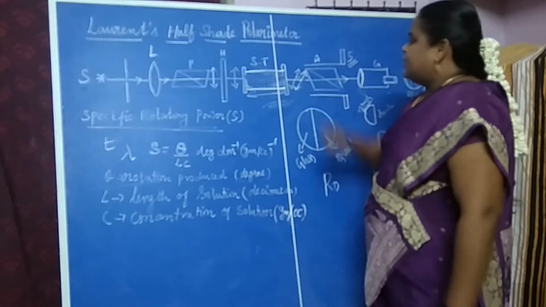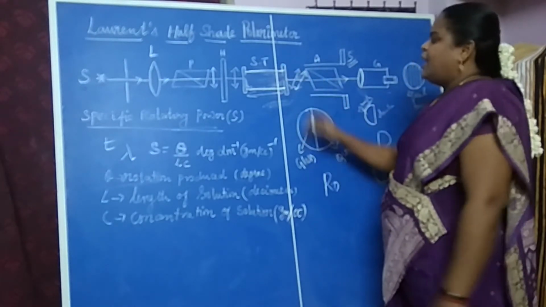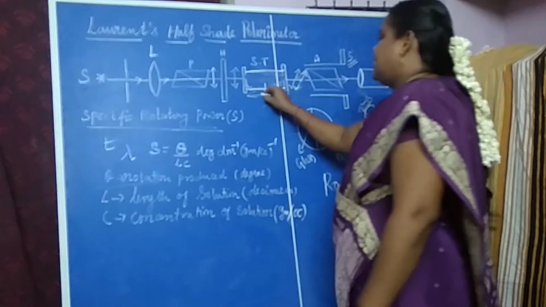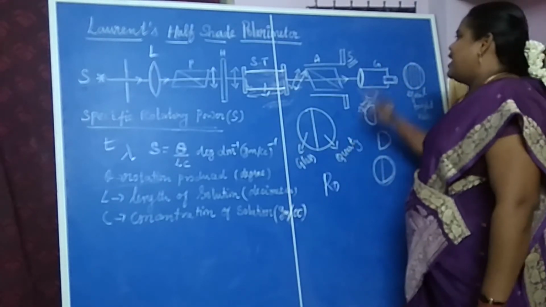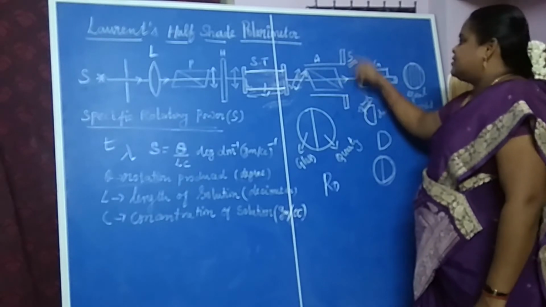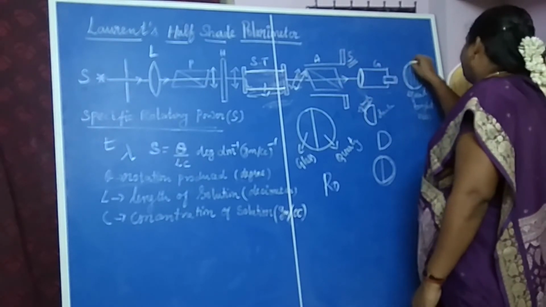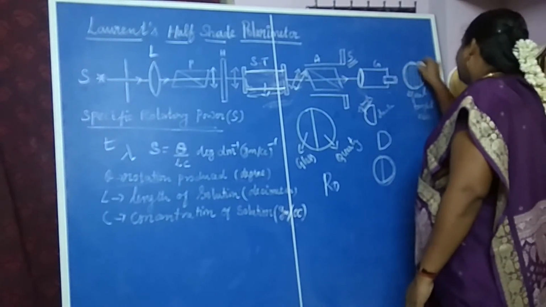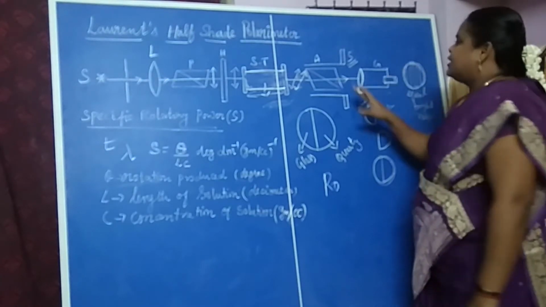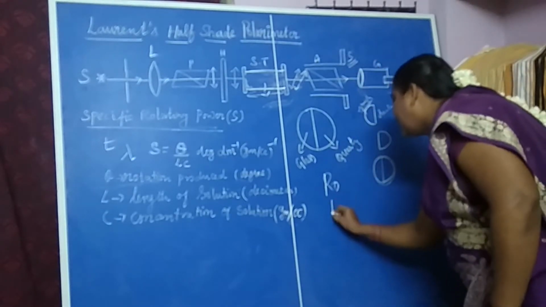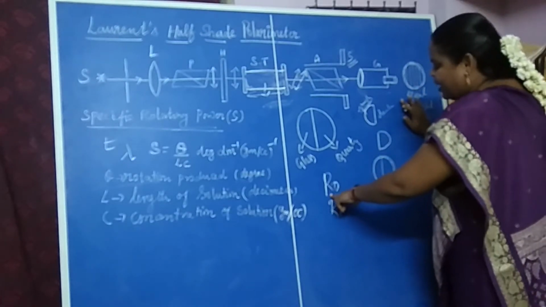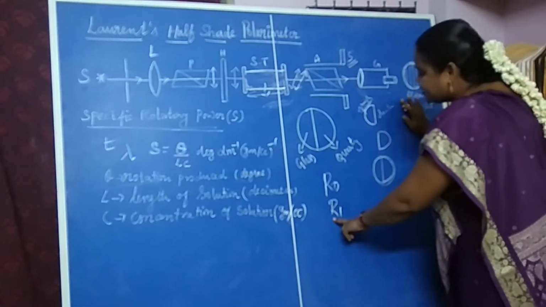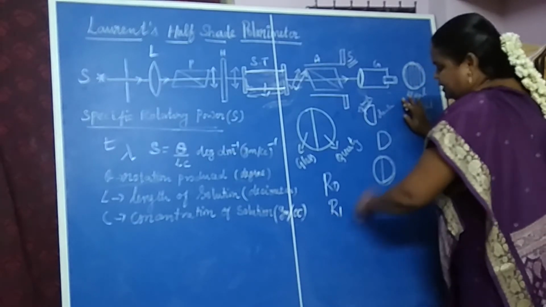Next, we fill the tube with the sugar solution. Again, the analyzer nicol is rotated to get the field of view equally illuminated. For that, the reading is noted as R1. R0 is the reading for water and R1 is the reading for the sugar solution.